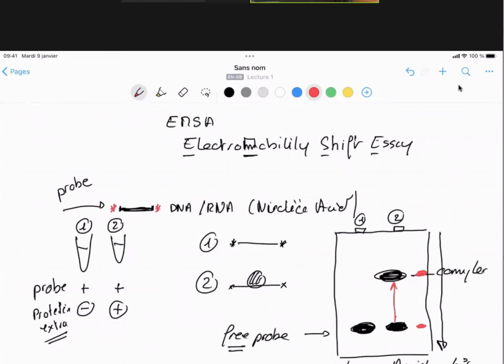Yes or no? Yeah. So technically, the idea is very simple: if there is a protein-nucleic acid interaction, the formation of the complex will give rise to a higher molecular weight complex, and the consequence of the interaction will be less migration inside the gel because of the size of the complex. And this is why we call it electromobility shift assay.